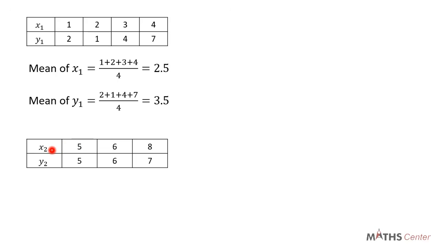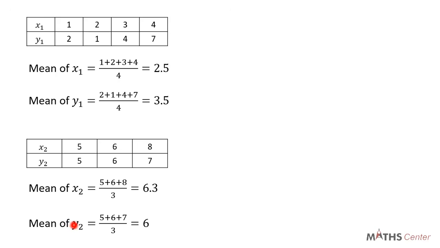This is the table for x2, y2. x2 mean, or the mean of x2, will be, we add all the x2 values together, we divide it by their number. They are 3. So 5 plus 6 plus 8 divided by 3, that gives us 6.3. The mean of y2, we add all the y2 values together, we divide it by their number. 5 plus 6 plus 7 divided by 3, and that gives us 6.